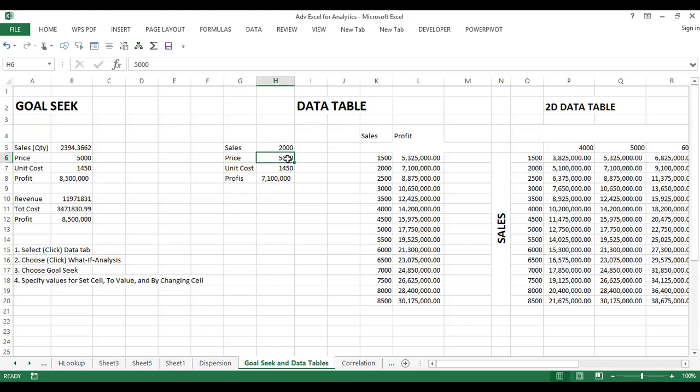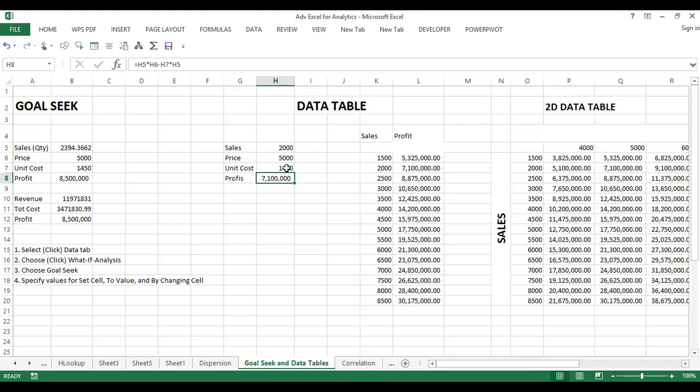Because if you increase the price, that might drop sales. Because when price goes up, the demand might drop. And at the end of the day, your profit might even reduce.